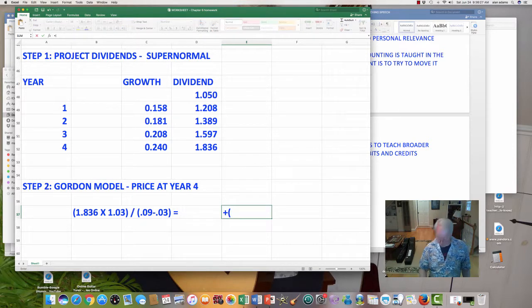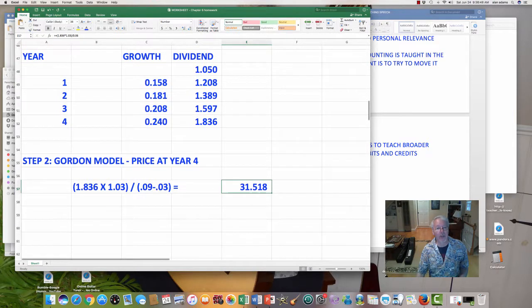Okay, parens, 1.836 multiplied by 1.03, 103% I should say. I'm going to divide that by 0.06, and I get 31.518 roughly. I'm going to keep it at 3 decimal places.